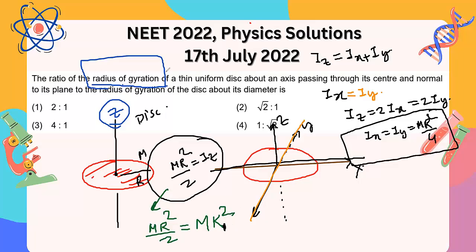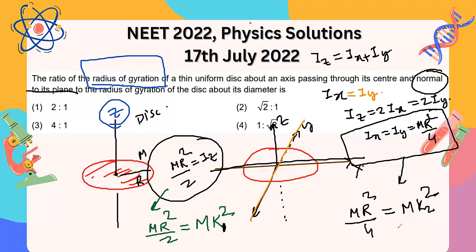The radius of gyration of the uniform disk about the normal axis is k1, let's say, and here we have the moment of inertia about any diameter. Let's say the radius of gyration is k2, so mk2 square, right? So from here I can say k1 is equal to square root of r square upon 2. From here I can say k2 is equal to square root of r square upon 4, right?